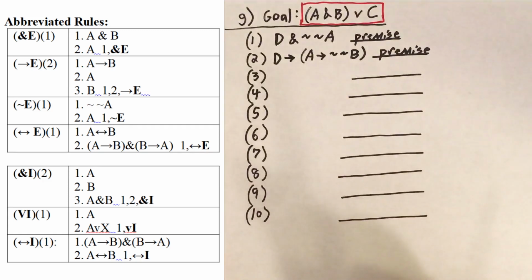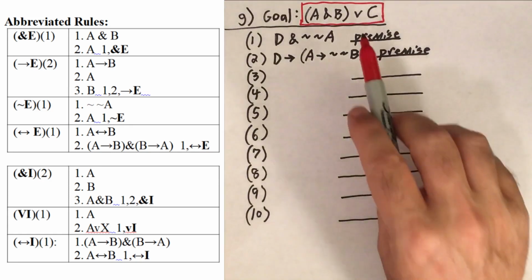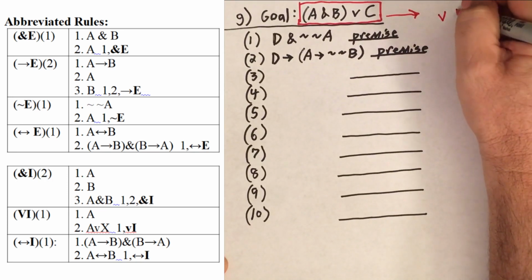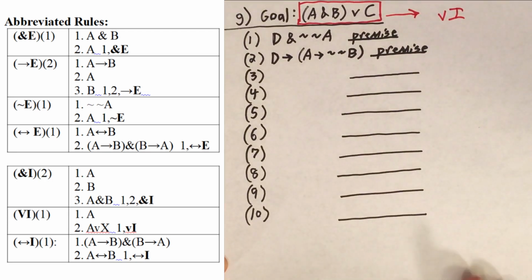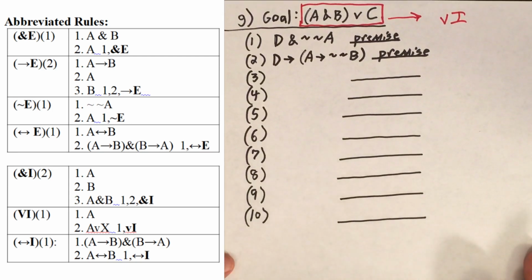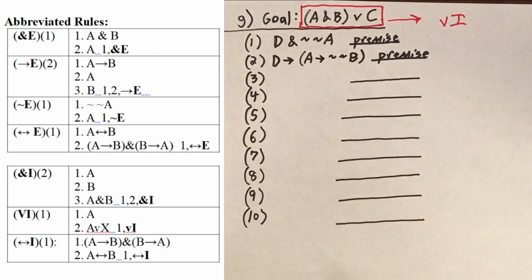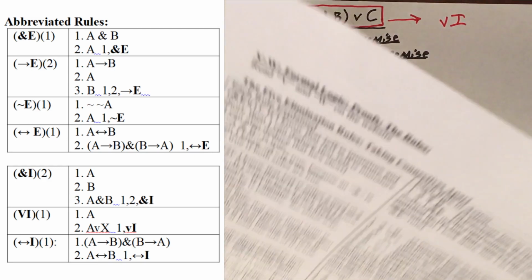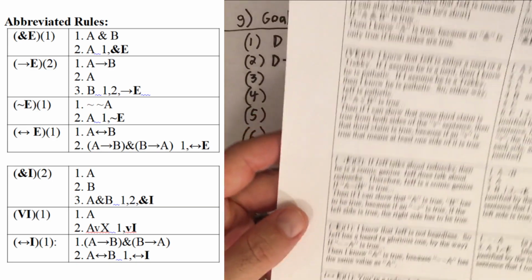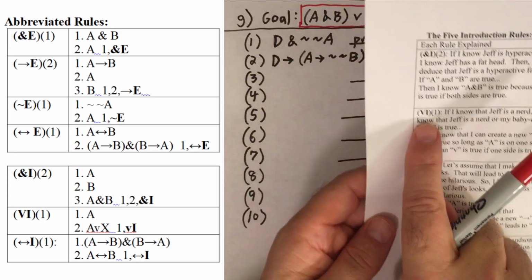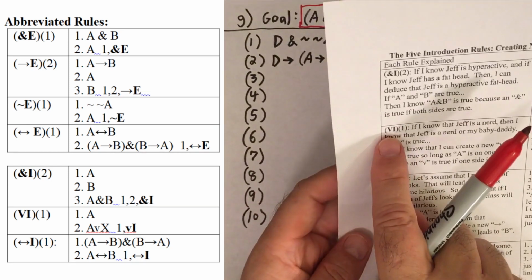No. So here's where I start doing more elaborate note-taking. I know that my sub-goal is going to be creating a new OR. So I go and look at that rule, and it will tell me what to do. If I look at the OR introduction rule, I am simply going to follow what it says.